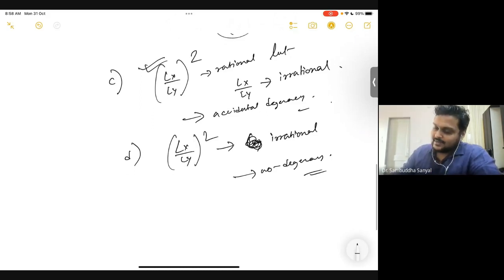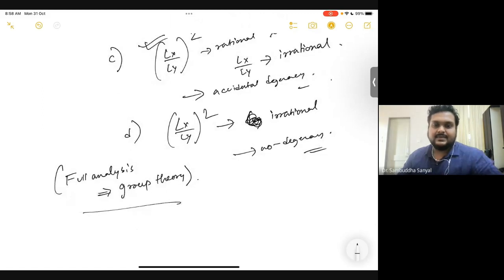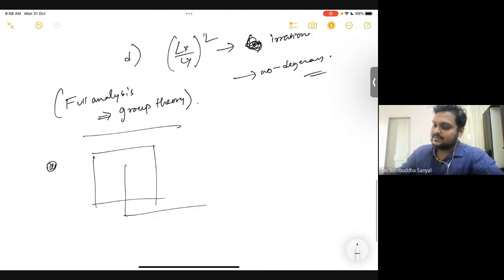I will not go into details, because the full analysis of this will require group theory, and given your current mathematical background, it may not be easy to do. But just know that this kind of classification exists. Now let's go on to talk about a particle in the 3D box. The 3D box means I have a 3D box which is infinite outside.